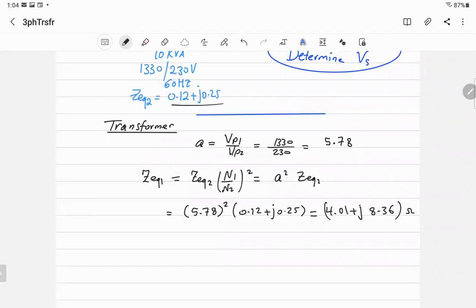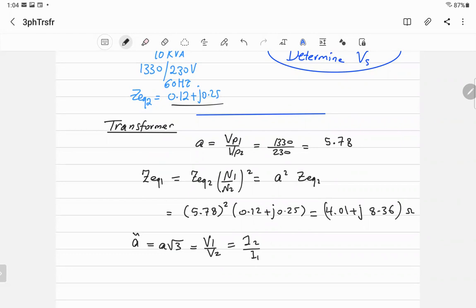Remember, we already did the three-phase turns ratio, and we proved it's equal to A square root of 3. Let me refresh your memory, it's equal to V1 over V2 and I2 over I1.